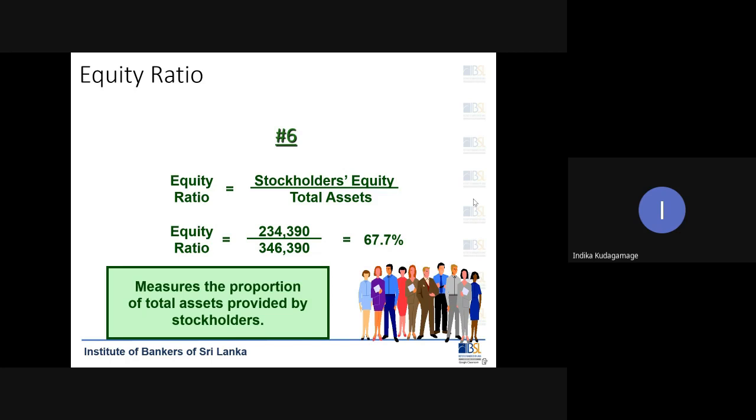This is only the equity part. Right? So if we say 67, we forget about the 0.7, equity is 67% of total assets. So the debt is 100 minus 67, 33 is debt.